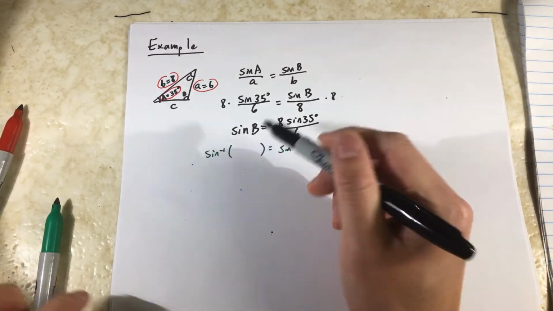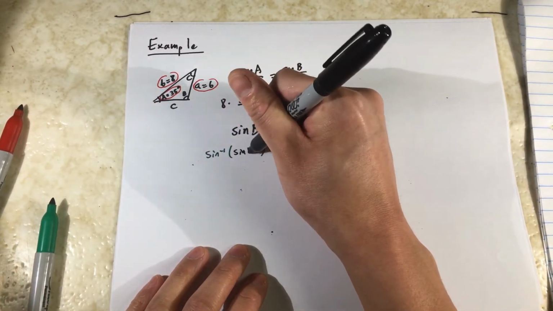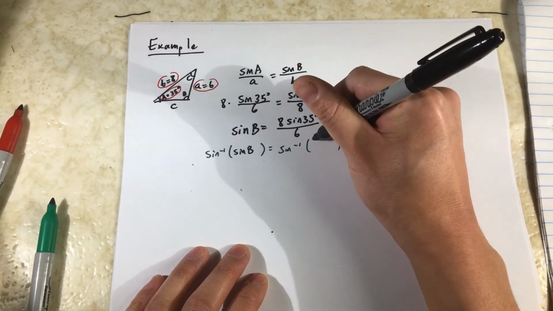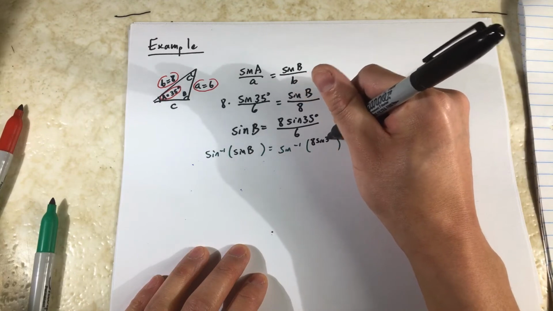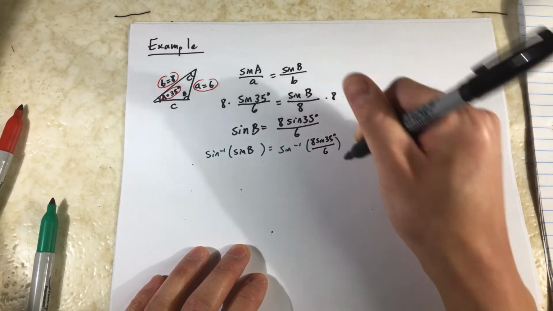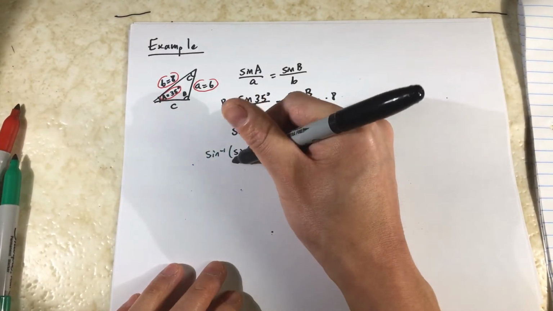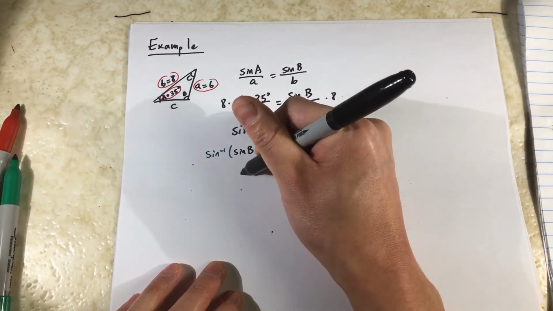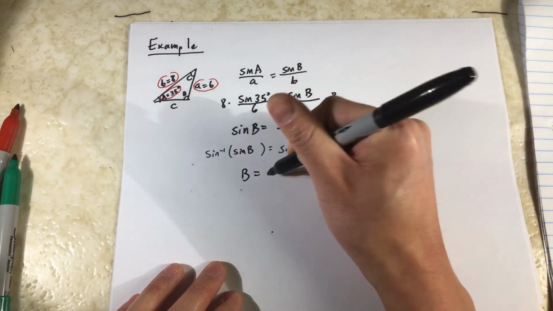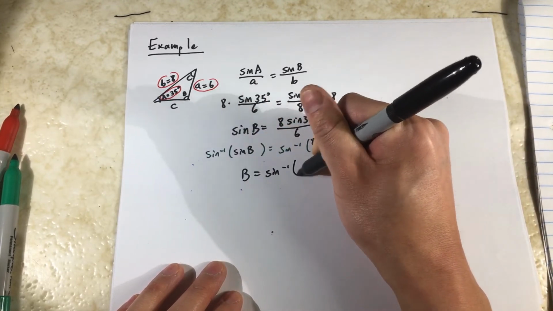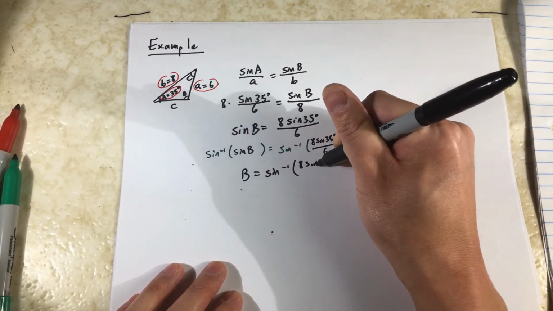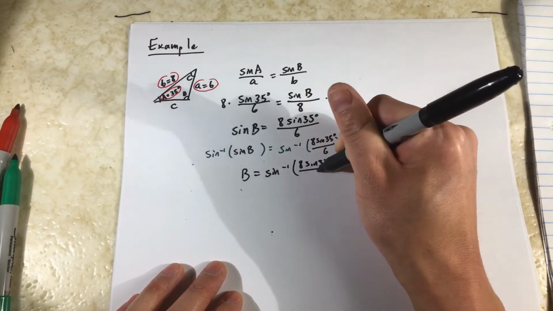So the left-hand side goes in here, and the right-hand side goes in here. Okay, so here these cancel out. The sine inverse and sine just gives me whatever's inside, so that's B. And this is sine inverse of 8 sine 35 degrees divided by 6.